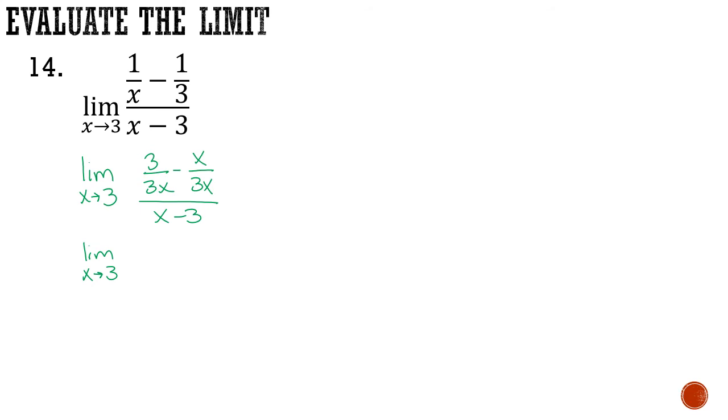And so if I can factor a -1 out of that numerator, then I'll be able to cancel a common factor. So rewriting the numerator, I have -1 times x minus 3 over 3x. Again, I rearrange the 3 minus x into negative x plus 3, factored out a -1. That's over x minus 3.